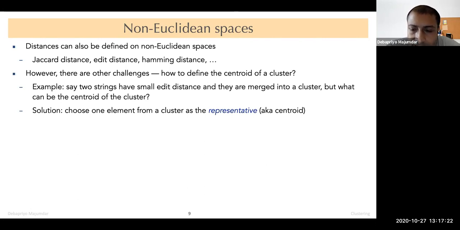So in case of Euclidean distance, yes, we choose a representative, but that may not actually be one of the real points. We actually take an average, and that centroid may not be one of the points. It just represents the general concept of the cluster. Here you have to choose one element from the cluster itself, which is an existing point in the cluster.